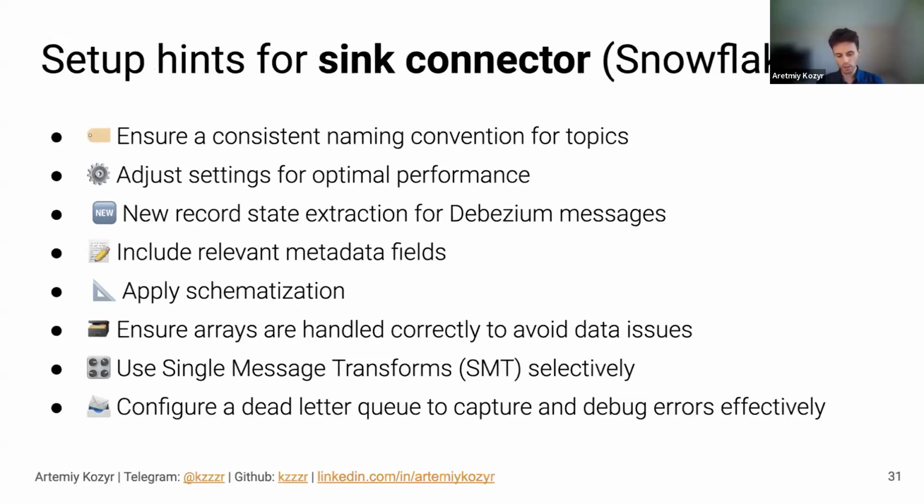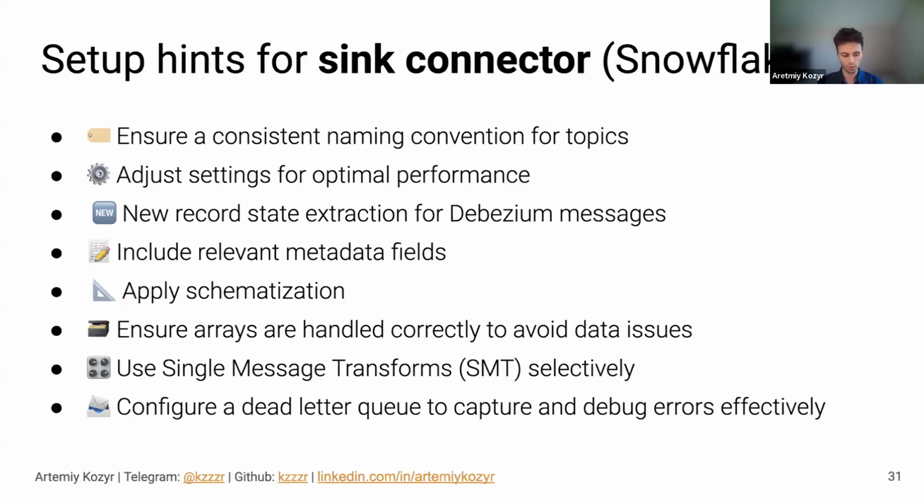Yes, let's proceed to the second part. It's about sink connectors. My sink connector is Snowflake. Snowflake integration with Kafka, sink connector. That's my choice because I'm using Snowflake as a destination. So Debezium for source connectors and Snowflake for destination.